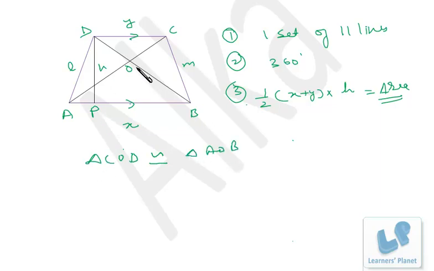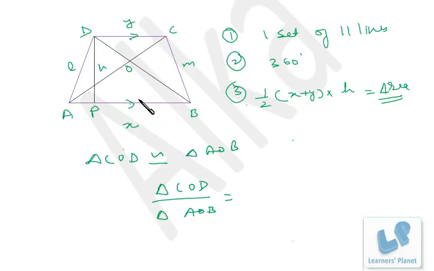So if the two triangles are similar, all the sides will be in proportion, right? Apart from that, their areas will be in the ratio of the square of their sides, right? So what I can say, area of triangle COD by area of triangle AOB, right?